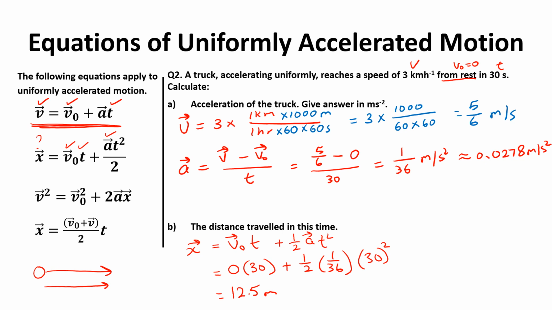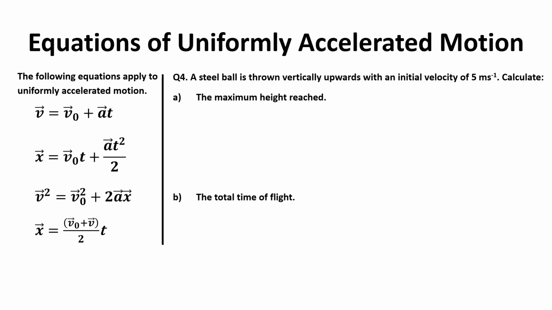Alright? Okay, so now let's look at the next question. A steel ball is thrown vertically upwards with an initial velocity of 5 meters per second. Calculate the maximum height reached. So now we are dealing with vertical linear motion.